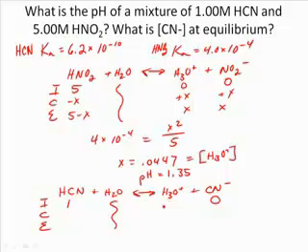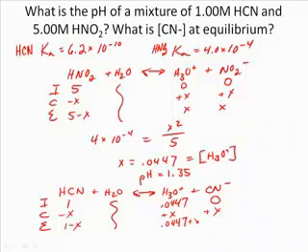So 0.0447 would go here, and so we have minus x, plus x, plus x: 1 minus x, and x.